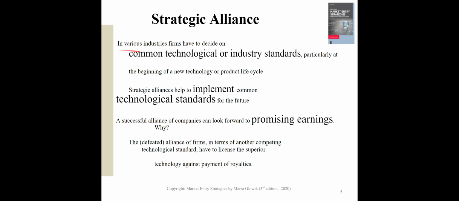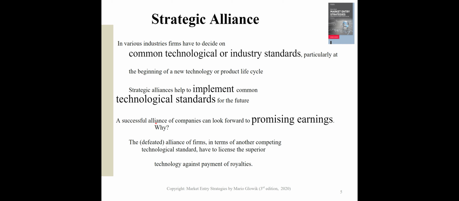In various industries, firms have to decide on common technological or industry standards, particularly at the beginning of a new technology or product life cycles. Therefore, strategic alliances help to implement common technological standards for the future.